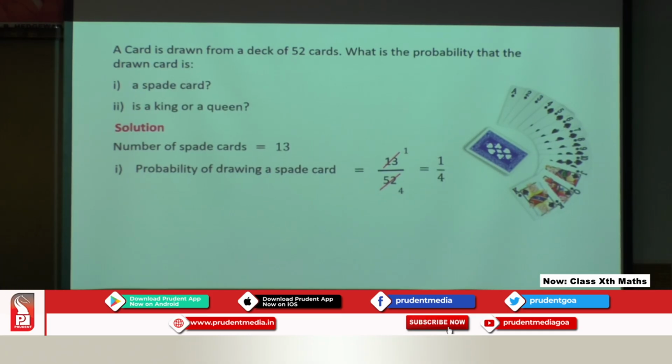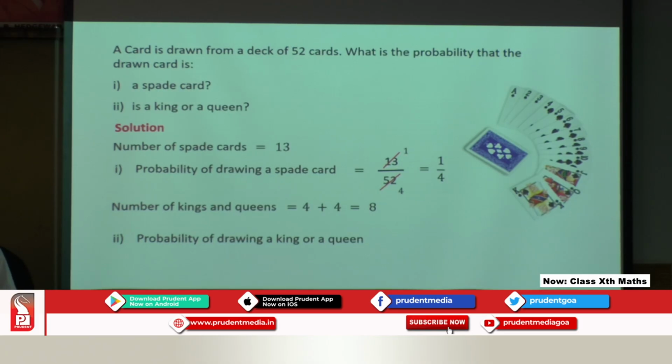In the second case, we want the probability that the drawn card is a king or a queen. So, number of kings and queens in a pack of cards is 8. That is 4 plus 4, that equals 8.